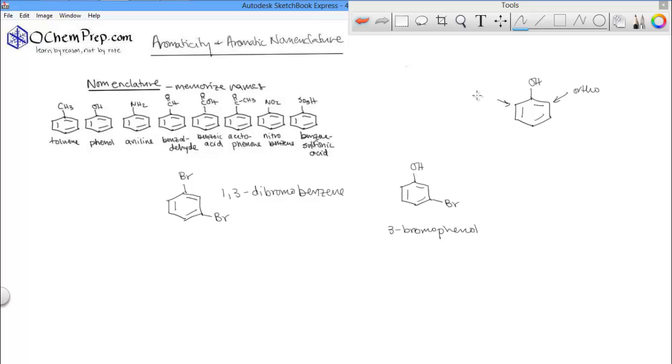So of course this is also the ortho position, and sometimes ortho is just abbreviated to O. This position is called the meta, or M, and the bottom is called the para, or P. And again, this is the meta. So you can always call it 3-bromophenol, but many people would call this M or meta-bromophenol.